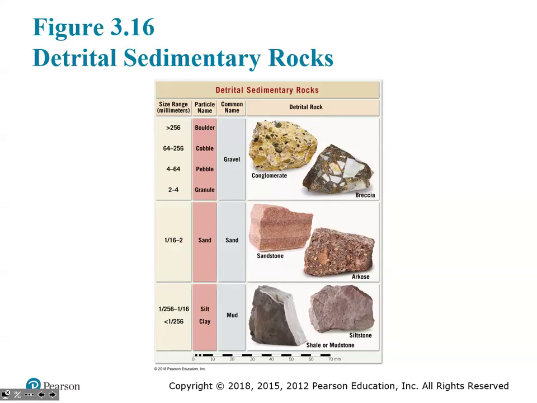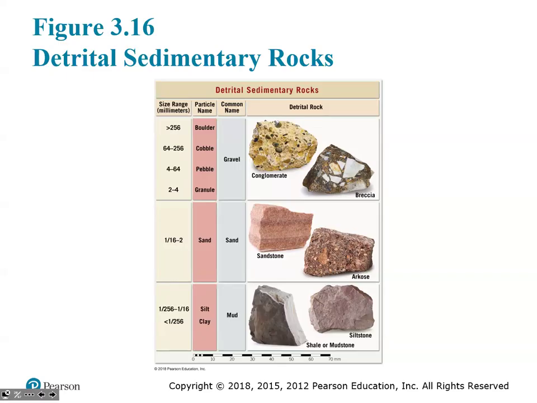That's breccia. If we're dealing with sand, you get sandstone or arkose, which is from 1/16 of a millimeter up to 2 millimeters. Then from 1/256 to 1/16 of a millimeter is silt, and below 1/256 is clay. You get shale or mudstone, that's mud, and siltstone that form.